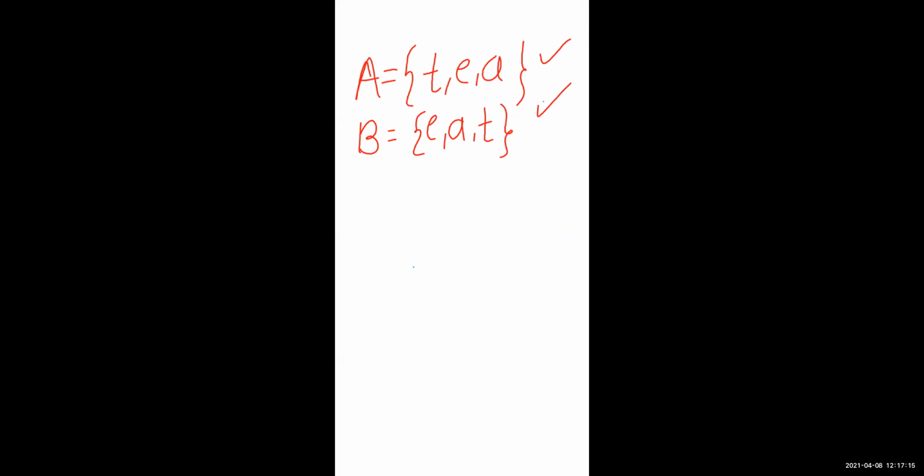That E came first, A is at the last, don't think about that. The letters or elements are the same, no? So we can say that set A is equal to set B because the elements of set A and B are the same. So they are equal sets.